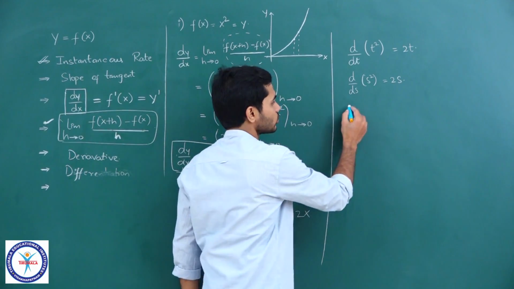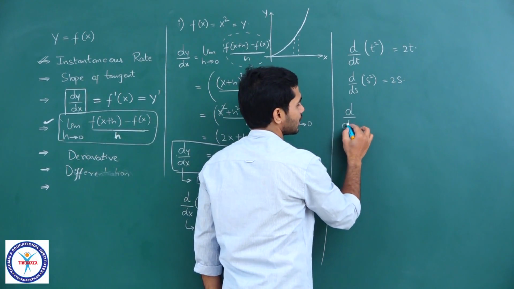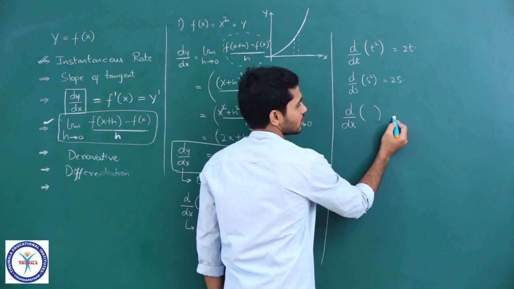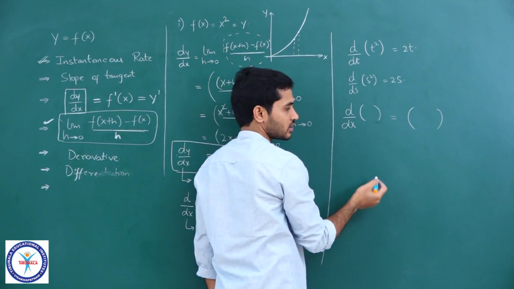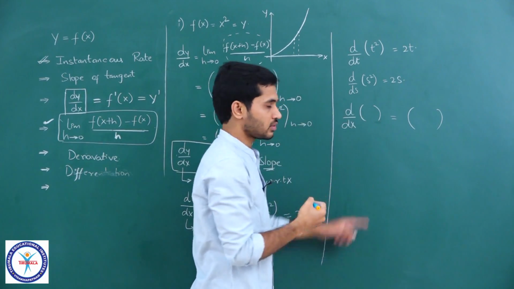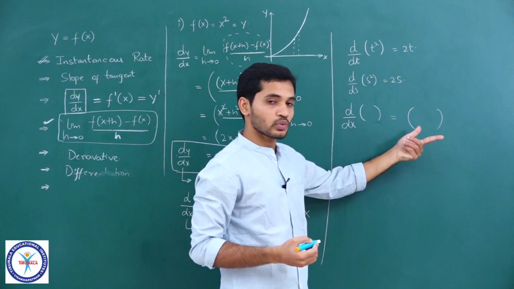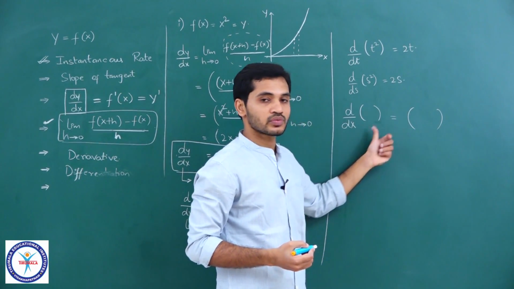Clear? So, you can view this like this, d by dx of something. If I substitute something here, what I am going to get is the rate at which something changes with respect to x.